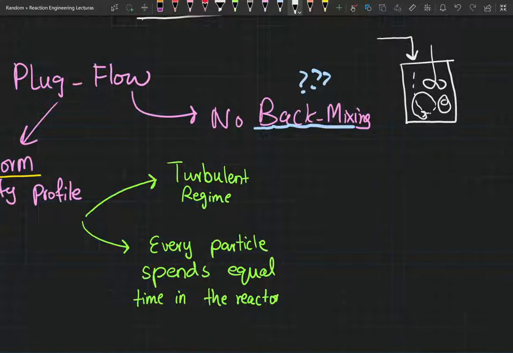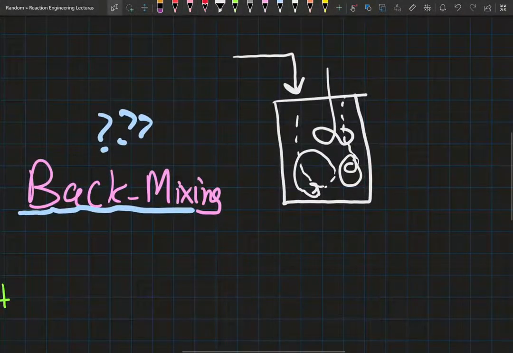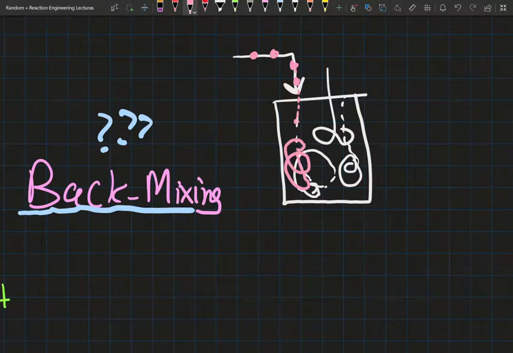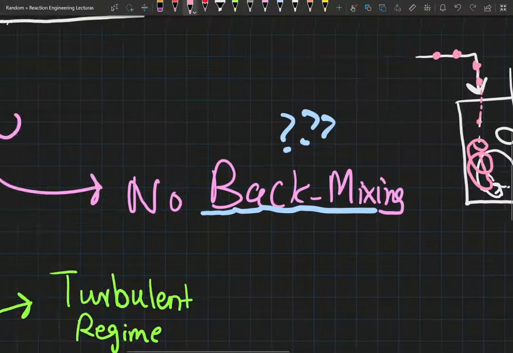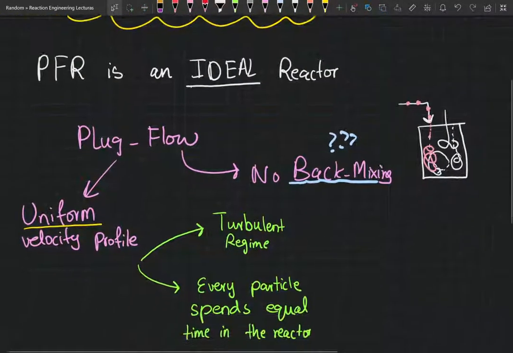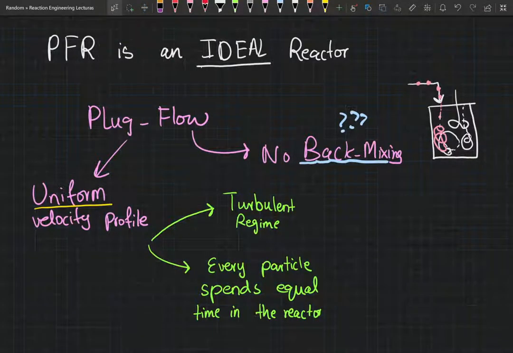The swirling back is called back mixing. If I were to trace the particles coming in, this is their trajectory, and instead of following a straight trajectory, they're gonna swirl back. That is back mixing. And in a plug flow reactor, we assume there's none of that.